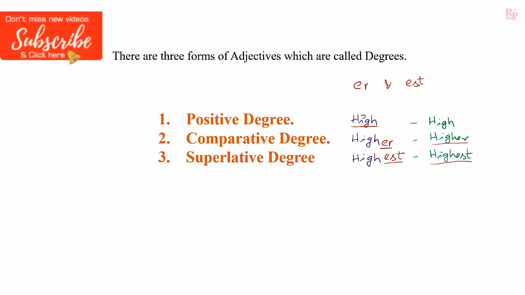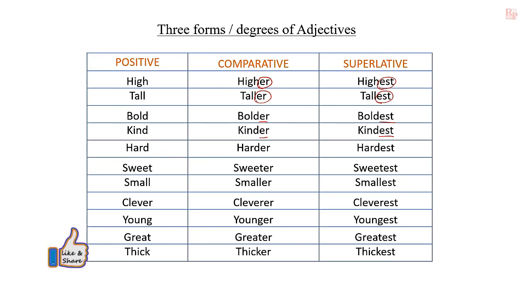Like that, you can write an adjective by adding er in comparative degree and est in superlative degree. Look at the table. Here, these are all the adjectives in positive degree: high, tall, bold, kind, hard, sweet, small, clever, young, great, thick. While we write them in comparative degree, we just add er to that positive form.